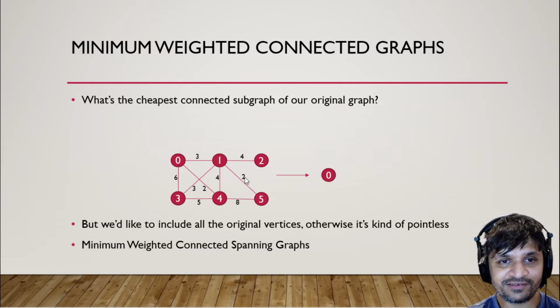It contains only vertices and edges from the original network. But it's literally one vertex. Is it connected? Well, yes, because 0 can reach itself and there are no other vertices. But that's also kind of pointless. Yes, we could say it's cheaper to just get rid of all the computers, but then we wouldn't have any other computers. So that's kind of pointless.